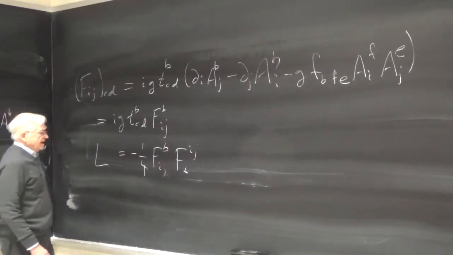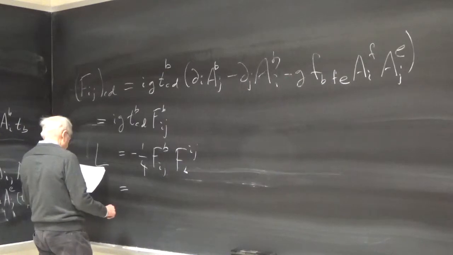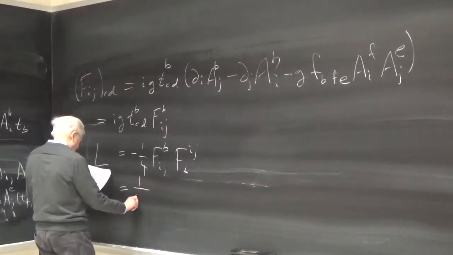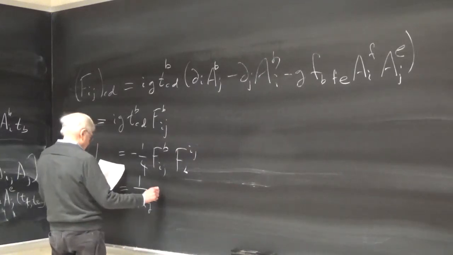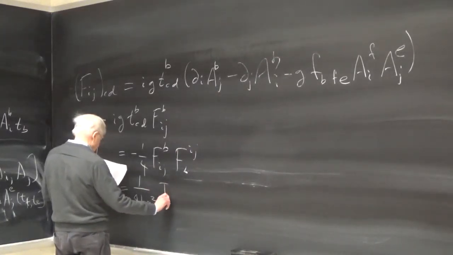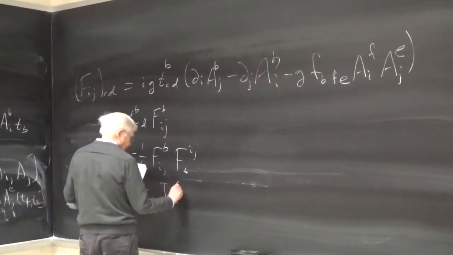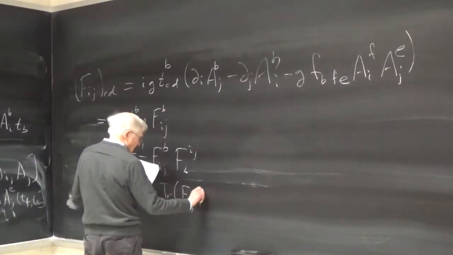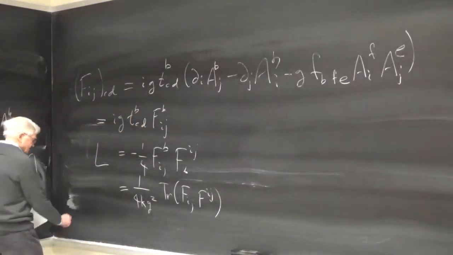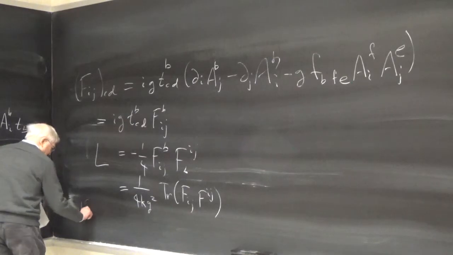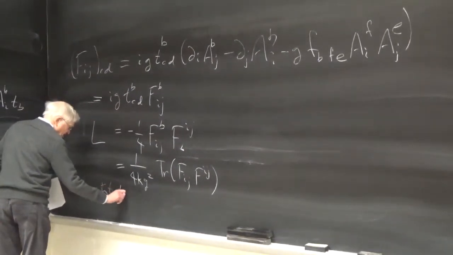And this thing is 1 over 4k g squared times the trace of F_{ij} F_{ij}, where k is this constant, k delta^{AB} is the trace of T^A with T^B.